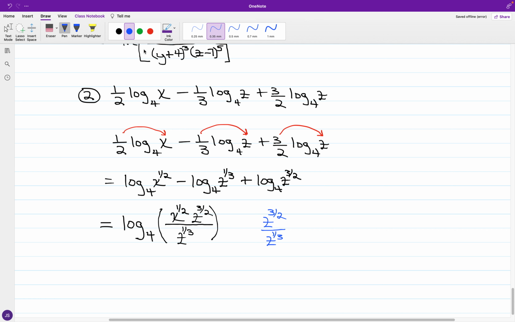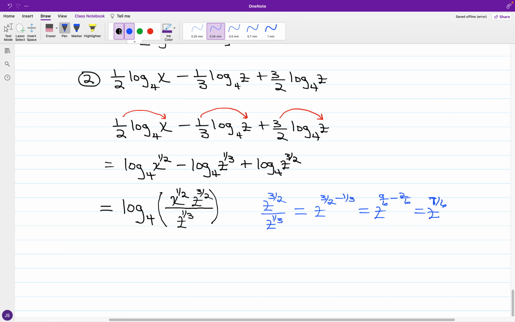Normally there will be different letters throughout, but since we have an identity, I can simplify this ratio. So you get z to the 3/2 minus 1/3. 3/2 will be 9/6, and 1/3 will be 2/6, so this will be z to the 7/6.